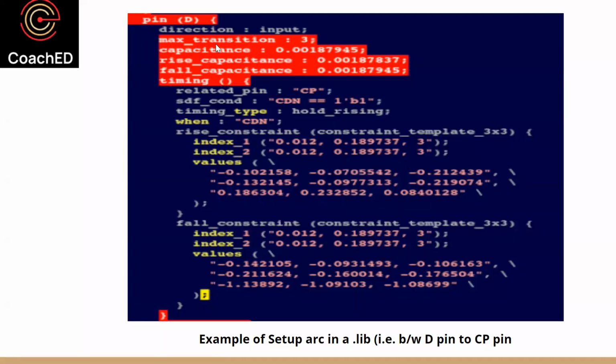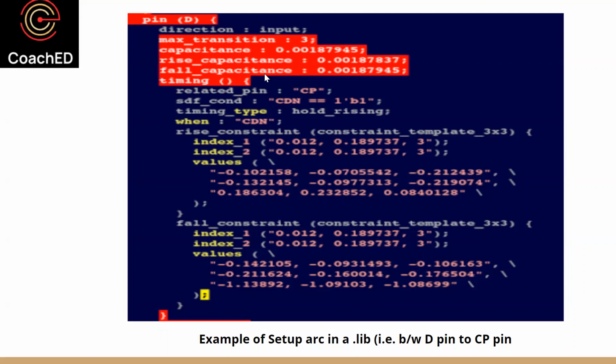There are other details. Max transition, what is the capacitance on the input of this pin? Because it's an input pin, it'll have some gate capacitance and some internal layout wire capacitance. That seems to be this value. This value actually is in picofarad, which means this is 0.0018 picofarad or 1.87 femtofarad is the pin capacitance on the D pin.